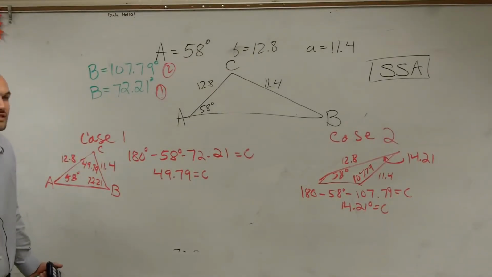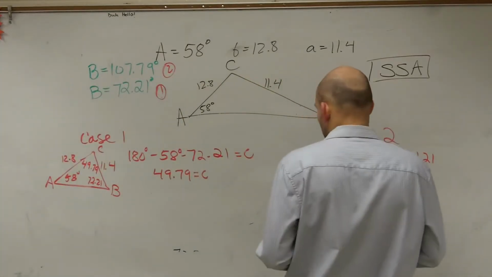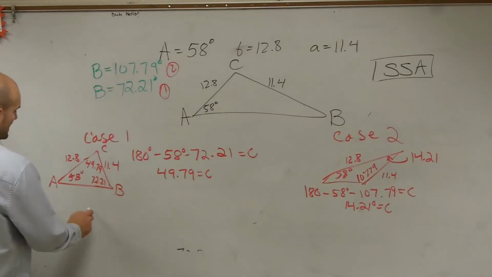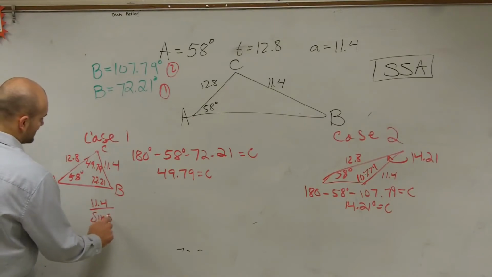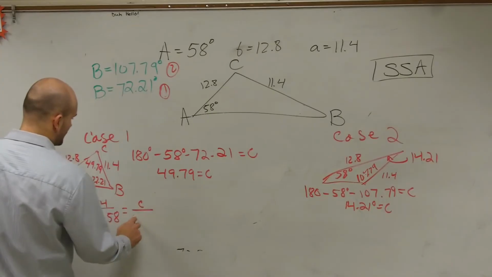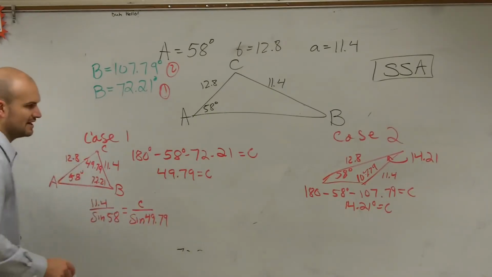So we're going to use the law of sines for each case to find C. I'll use A. So I'll do 11.4 over the sine of 58 equals C over the sine of 49.79. That's for case 1.